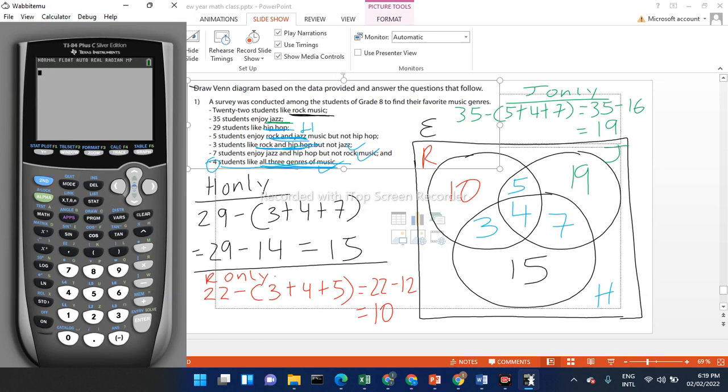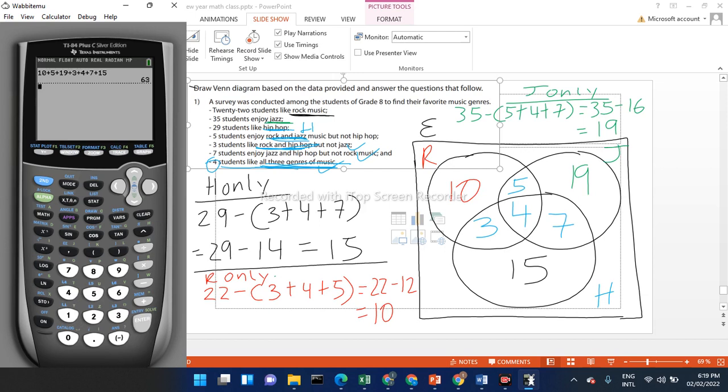All right, so it's going to be 10 plus 5 plus 19 plus 3 plus 4 plus 7 plus 15 equals 63.